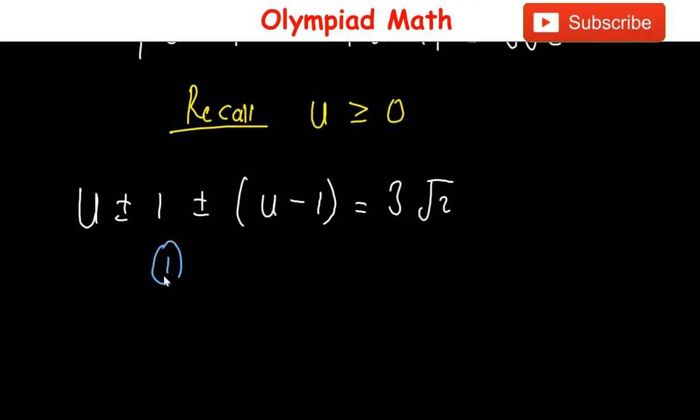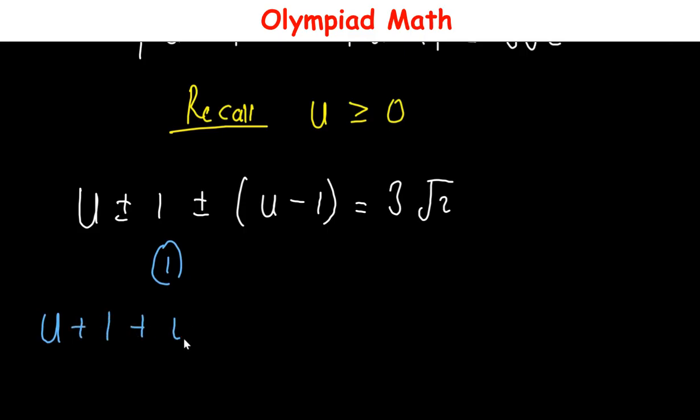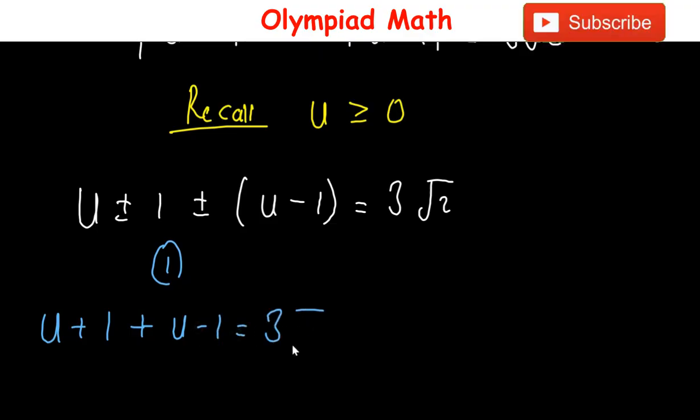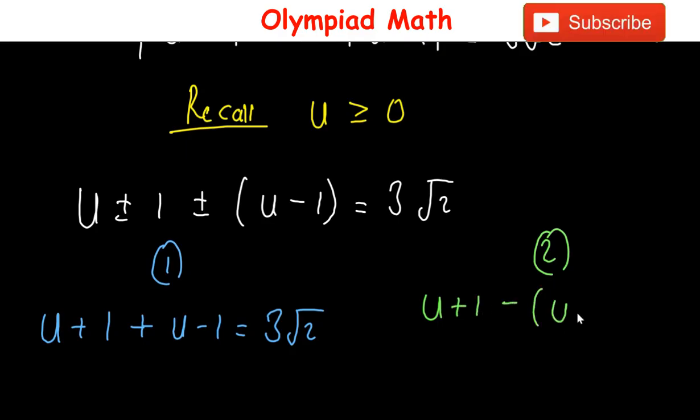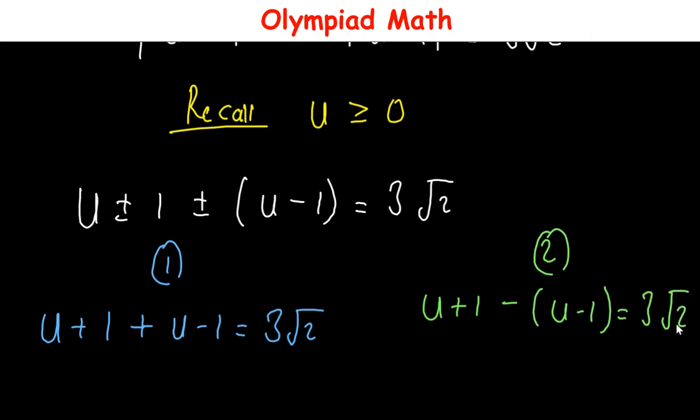For case 1, we have u plus 1 plus u minus 1 is equal to 3 times the square root of 2. And for the second case, we have u plus 1 minus in brackets u minus 1 is equal to 3 times the square root of 2.